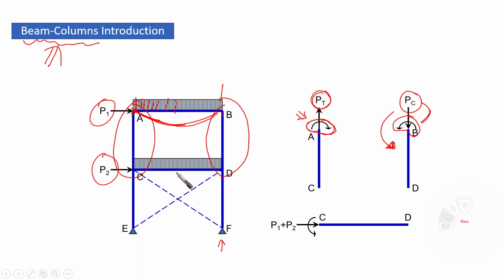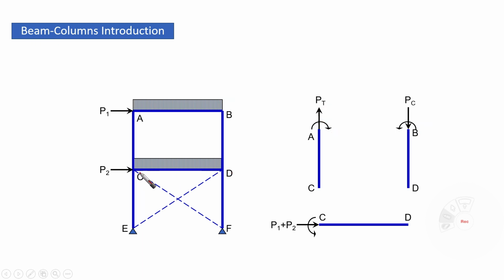If you look at this element, CD, you're going to find that it resists the loads coming from the lateral loads here, which is P1 plus P2, because we have bracing here. And at the same time, there is moment developed, at least because of the distributed load here. So we have a kind of moment here at point C.